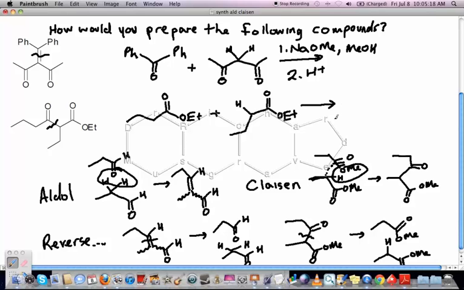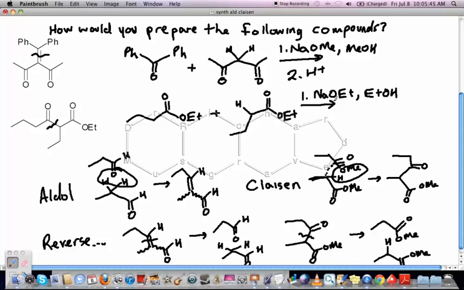Now as for the conditions, we know that the conditions for a Claisen will always be a base, but most importantly the base and its solvent will match the ester that we've got in the first step. So this is an OEt. If it was a methyl, for example, then this would be Me, this would be Me, this would be Me, and this would be Me as well.